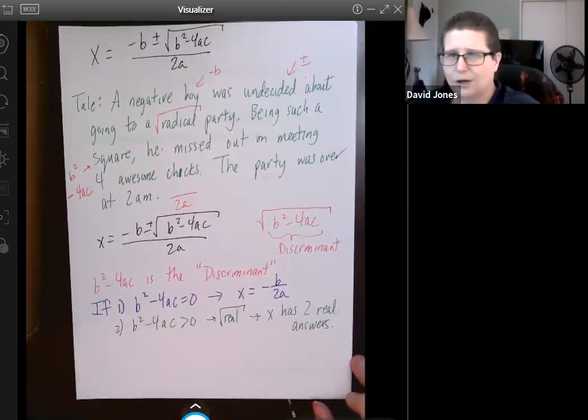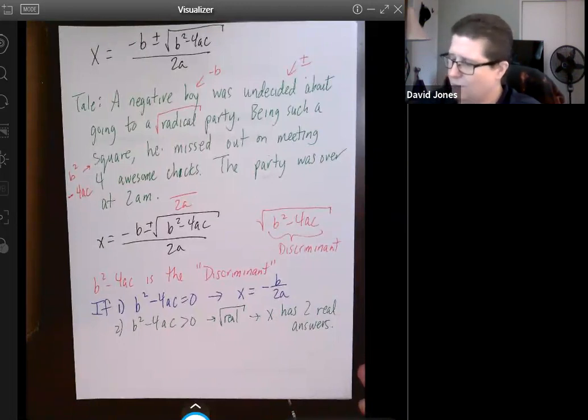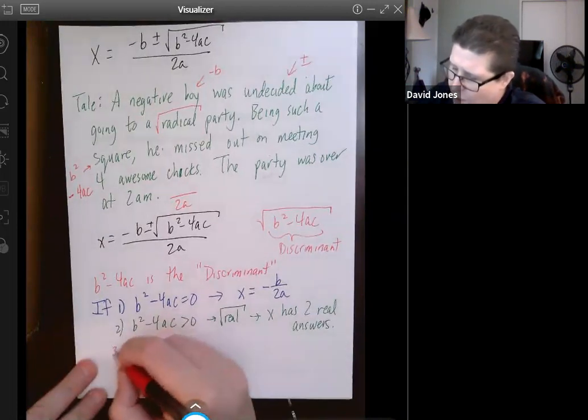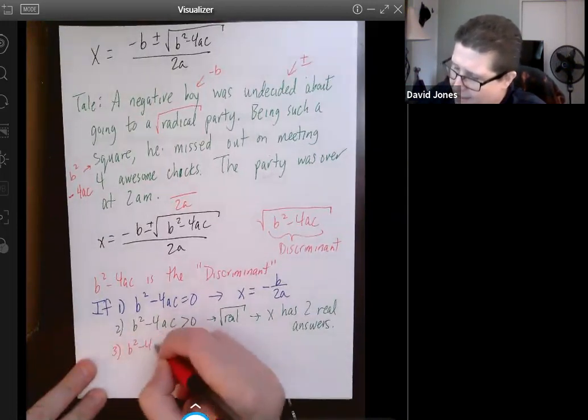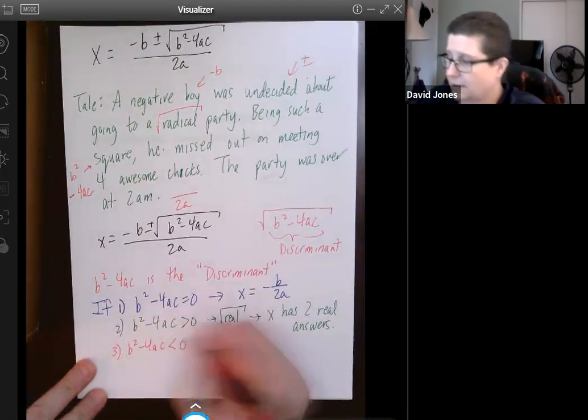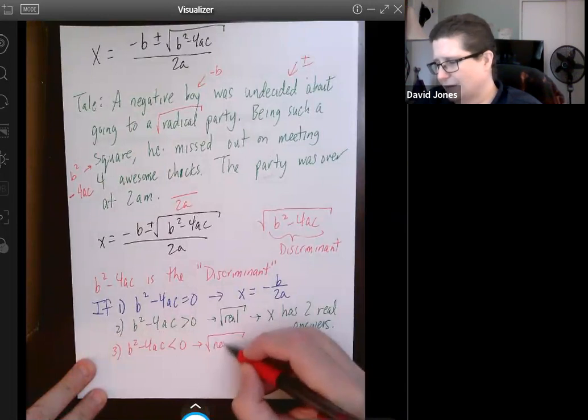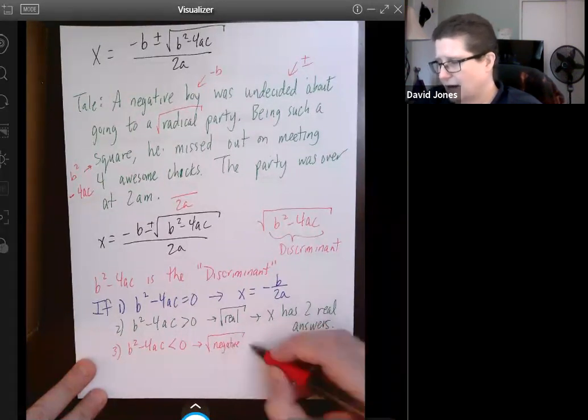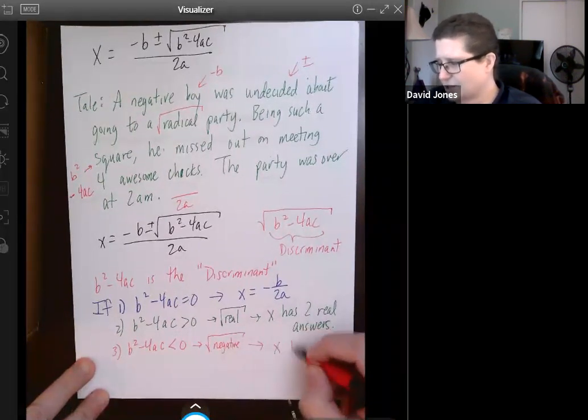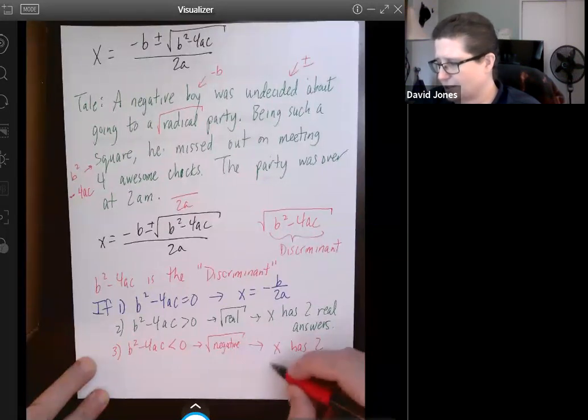They may have something weird, like square root of 67 all over 13. Might be some lame stuff like that, but it's there. And the third option is if b squared minus 4ac is less than 0. It's negative. Then I'm taking the square root of a negative number, and that's going to lead us to x has 2 complex solutions.